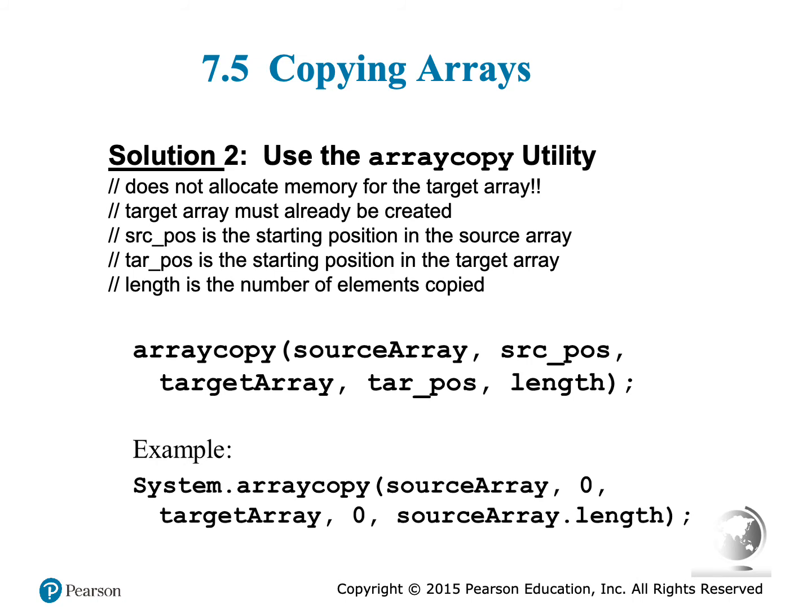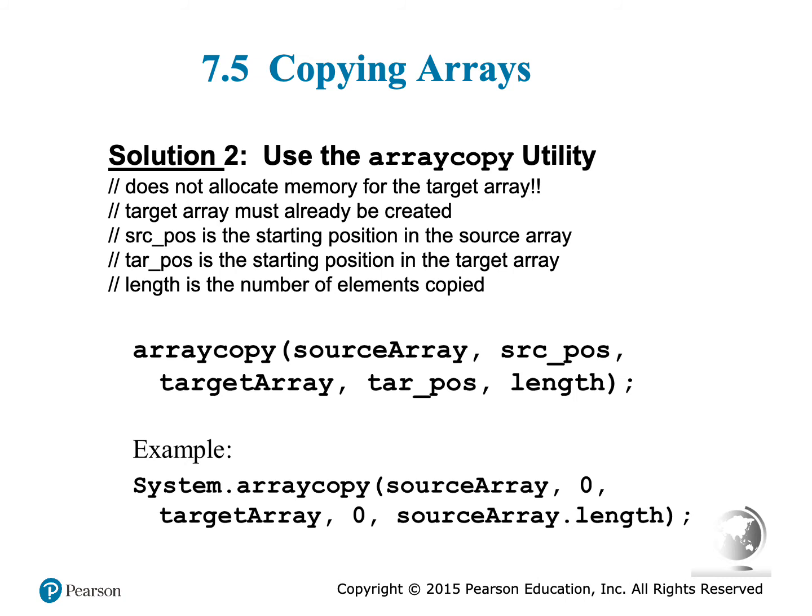Another solution is to use the arraycopy utility. At this point, you should recognize arraycopy as a method in the System class. To use arraycopy, the target array must already be created. We invoke the arraycopy method as System.arraycopy and pass 5 parameters. The first parameter is the name of the source array, so list1.